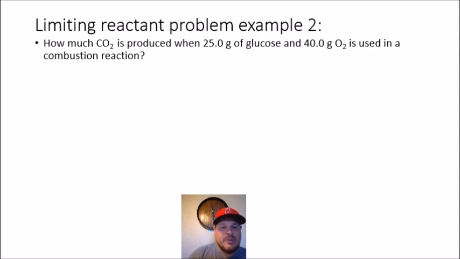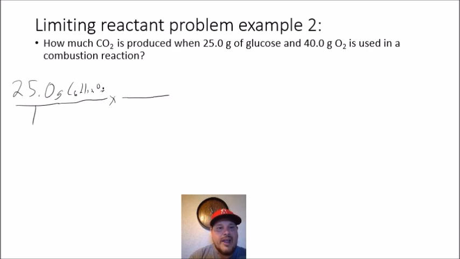So the first thing we're going to do, like much of these things, is convert the grams of glucose and the grams of oxygen into moles. So we're going to use dimensional analysis and molar ratio. We have 25 grams of glucose, C6H12O6. That's the littlest 6 I've ever made in my entire life. Our conversion factor here is molar mass.